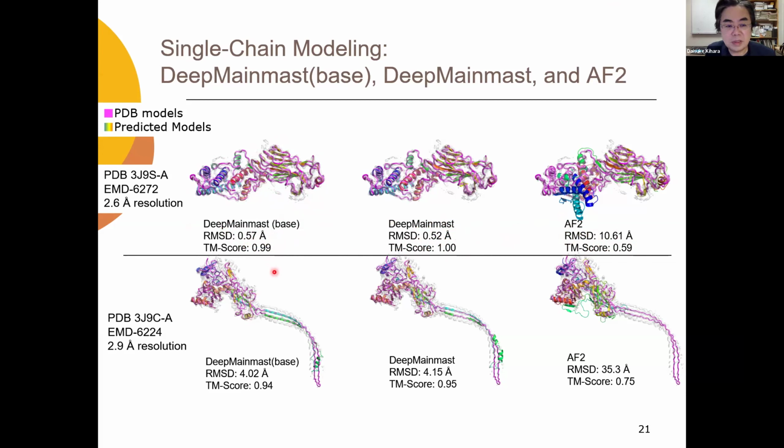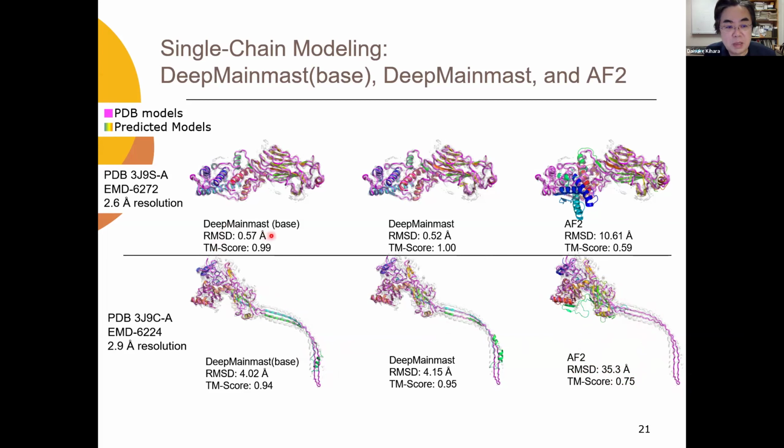This is another example. This structure has a very long beta strand tail. If you use AlphaFold, these tail regions are not very well predicted. The RMSD is very bad, 35.3 angstrom. Some local structures are correct, but this long tail is not predicted by AlphaFold.